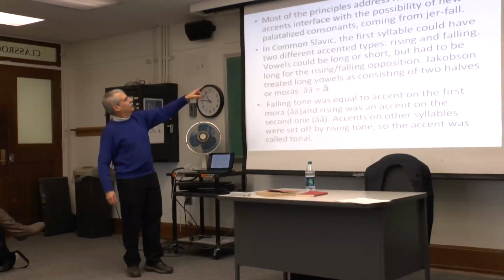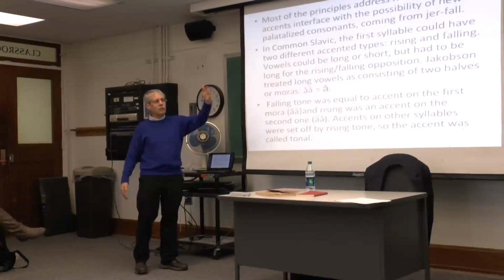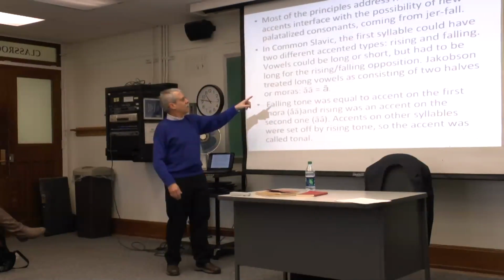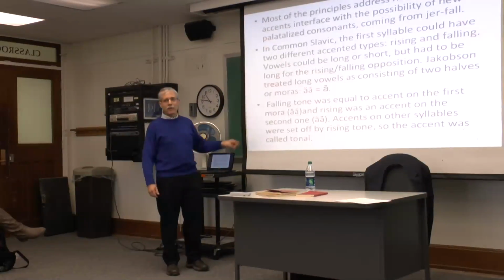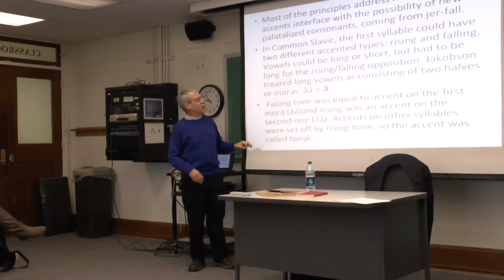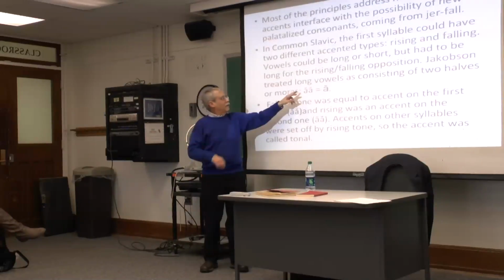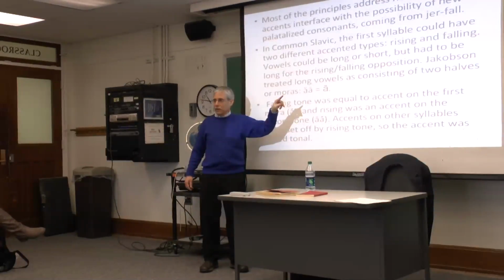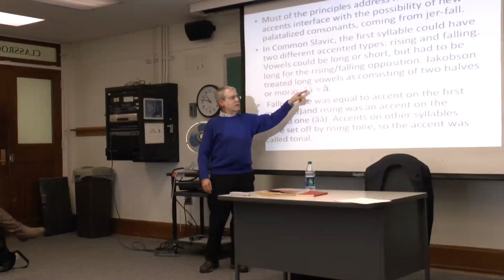So the first syllable used to be able to have a difference between rising and falling. Vowels could be long or short, but had to be long for the rising-falling opposition, according to Jakobson's theory. Now this is also important for Jakobson. Jakobson broke long vowels into two separate units called moras, a first mora and a second mora.